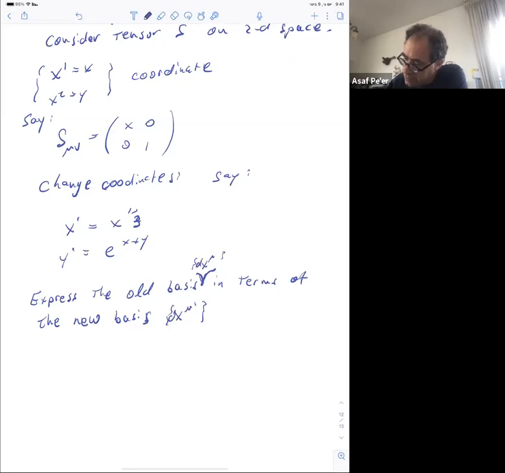So my x is just x prime cubed, and y is just a log of y prime minus x, so it's log of y prime minus x prime cubed.